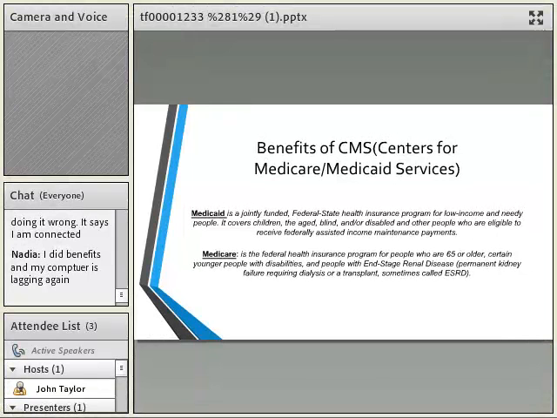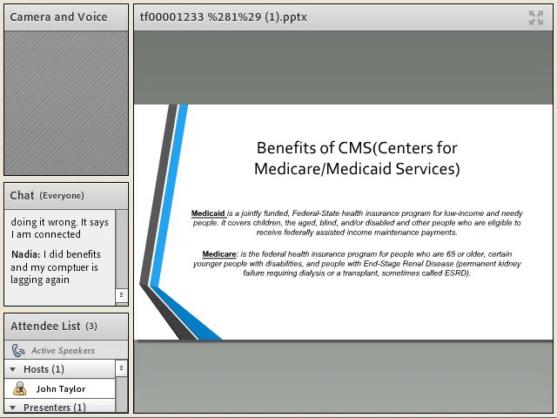Okay, so I did benefits, and I'm Nadia. Medicaid, I found, is a jointly funded federal-state health insurance program for the low-income, people who are more in poverty or can't really afford good insurance.